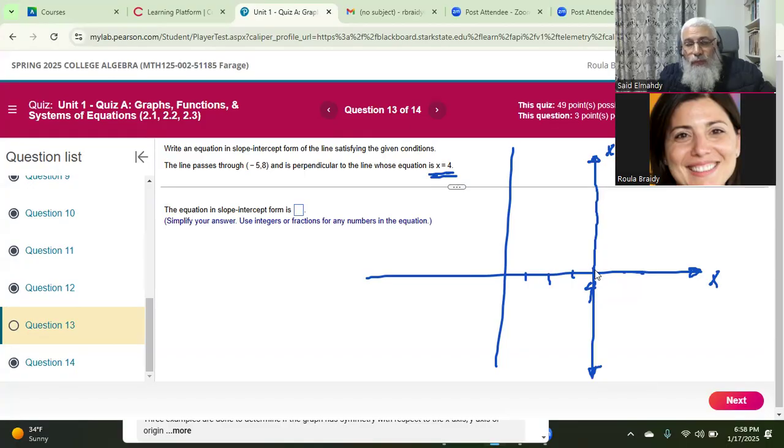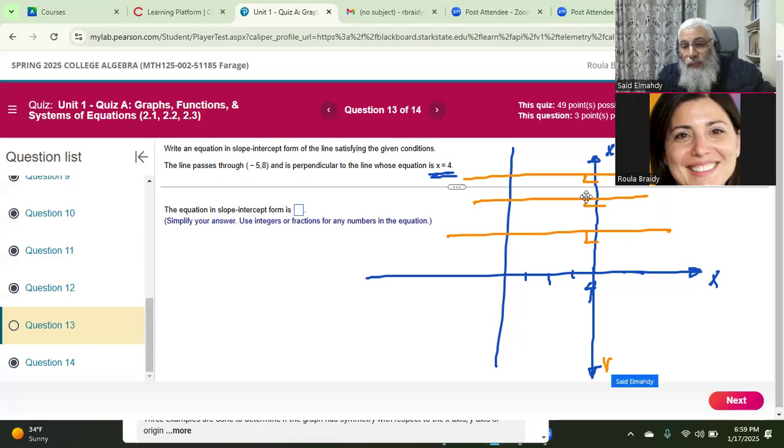What is the perpendicular for this line? Perpendicular is something like this. This is perpendicular: any horizontal line. We said before that vertical and horizontal lines are perpendicular to each other. So x equal to 4 is a vertical line, and the perpendicular line is a horizontal line.